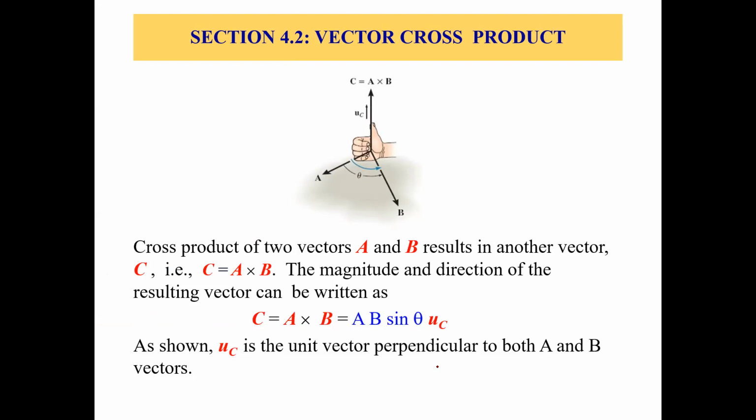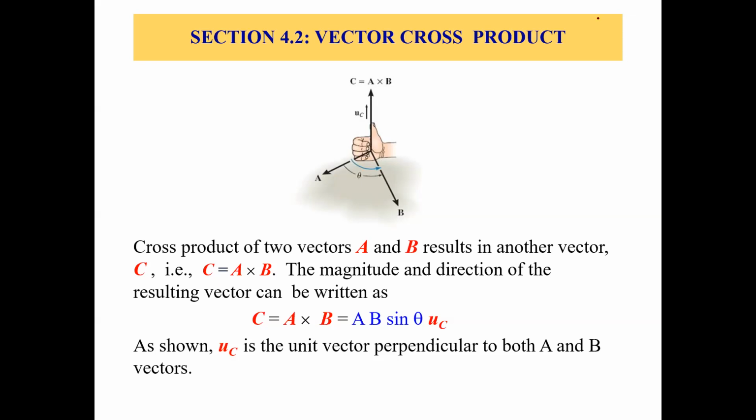Here we are talking about vector cross product, right? If you remember, we talked about the dot product earlier, in chapter 2 or chapter 3 somewhere, right? So now we are talking about vector cross product.